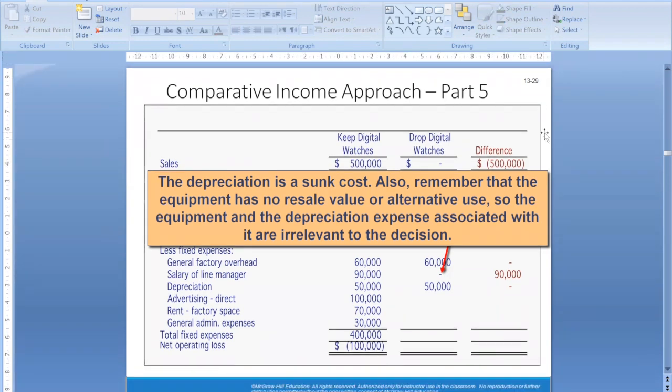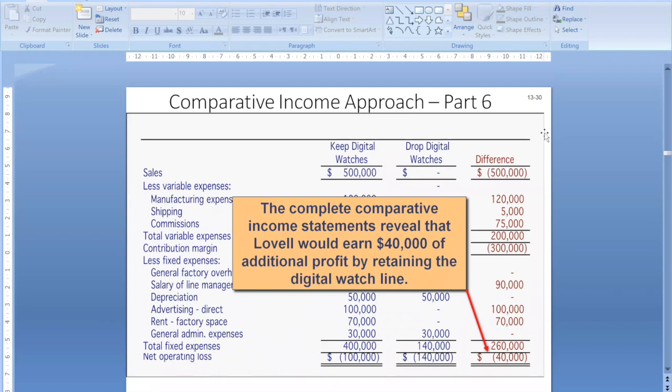The next, which is the advertising, we can save the advertising, so it will disappear in the second column. The rent can disappear in the second column, which means it is relevant, depending on the question. And the last one, the general administrative expenses, is irrelevant. Why? Because we are paying this amount under the two alternatives.